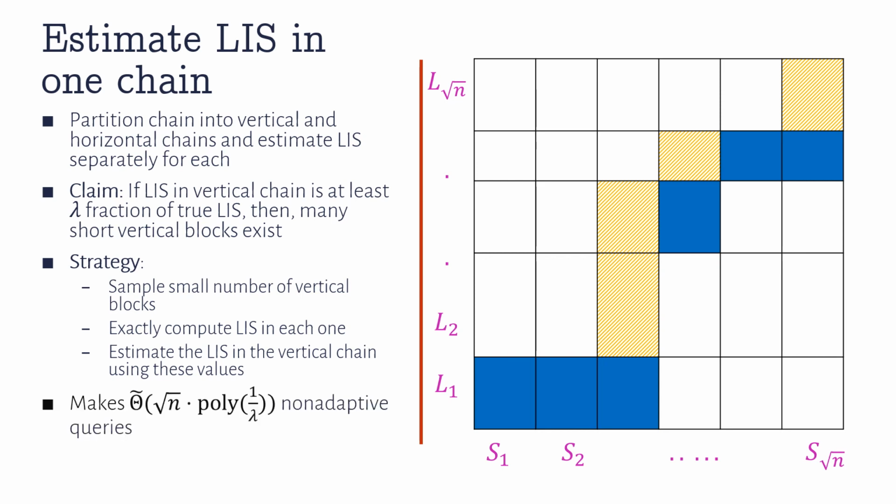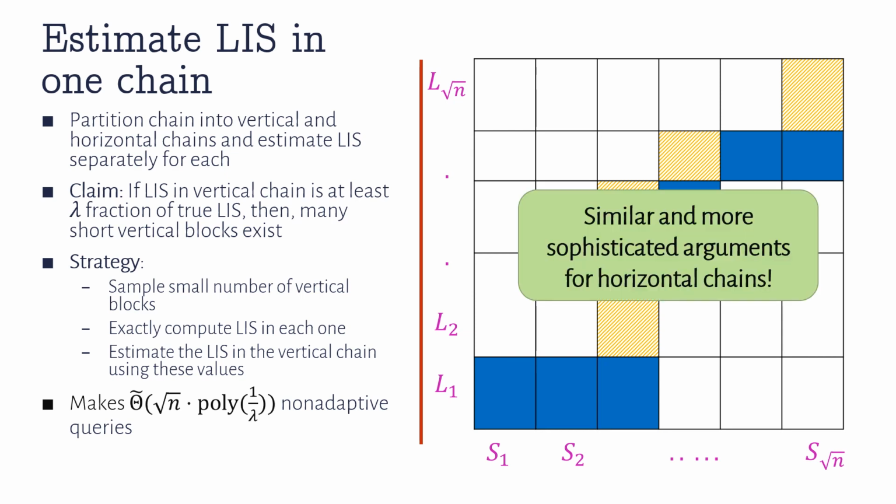Additionally, we show that this can be done non-adaptively by making O tilde root n poly 1 over lambda queries. And one can do something similar, however more sophisticated, for estimating the LIS in horizontal chains. And by summing these two values, we estimate the LIS in the entire chain.